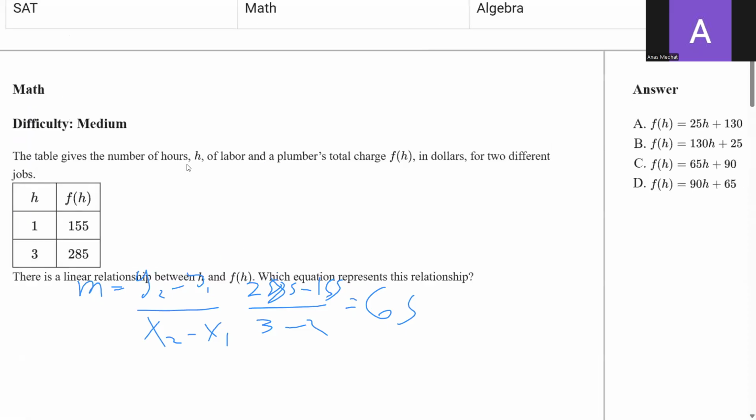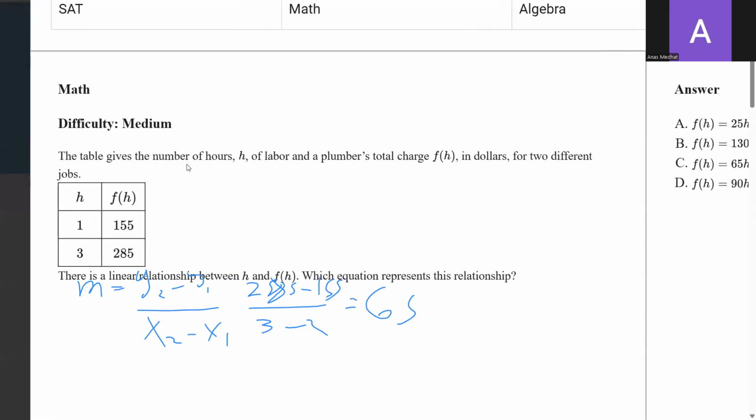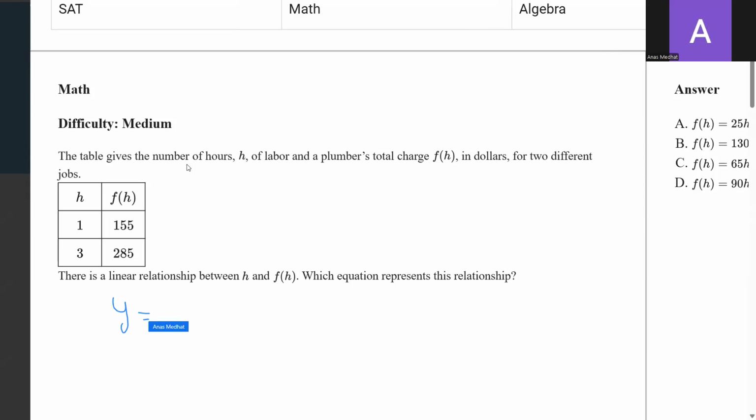But here we have a y-intercept. To find the y-intercept, you can substitute one of these points. You can substitute this or this.